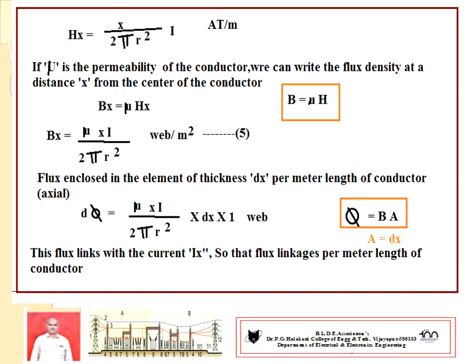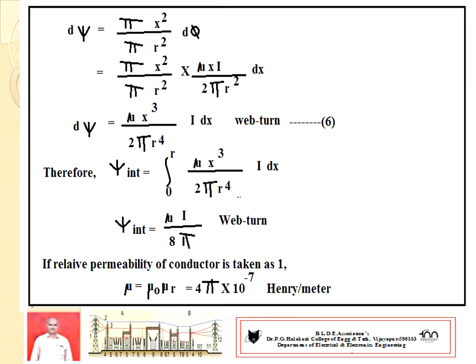So the flux linkages per meter length of conductor becomes, the flux linkage dψ equal to πx² divided by πr² into dφ. dφ you know the value, so substituting this dφ, we get dψ, the flux linkage of that strip, equal to μ into x³ divided by 2πr⁴ into I into dx Weber turns.